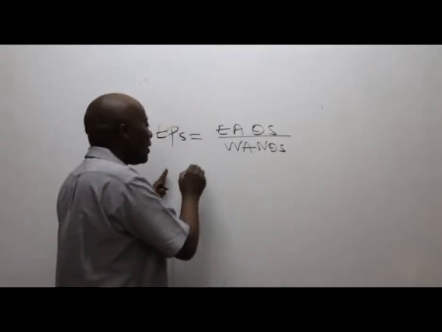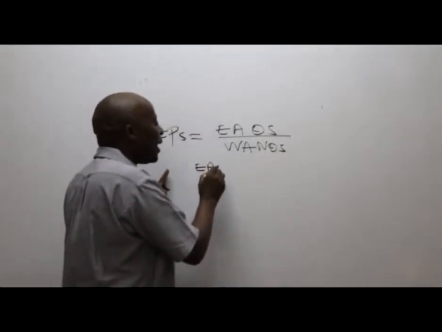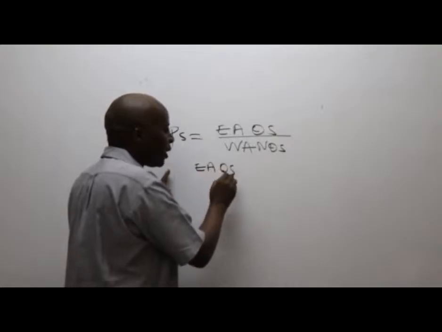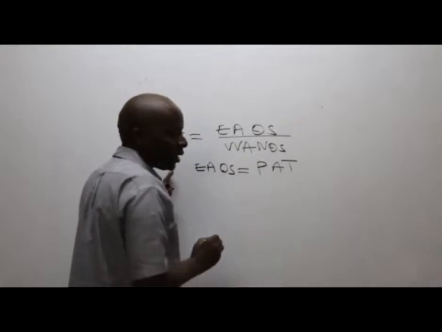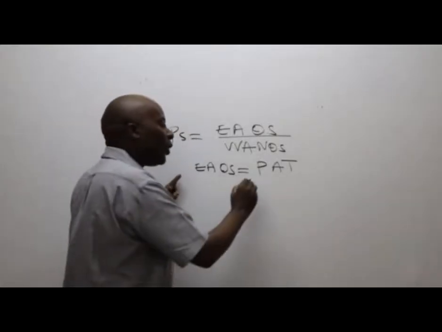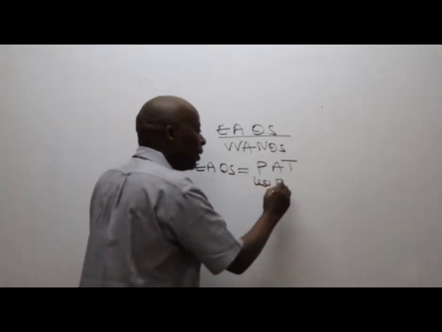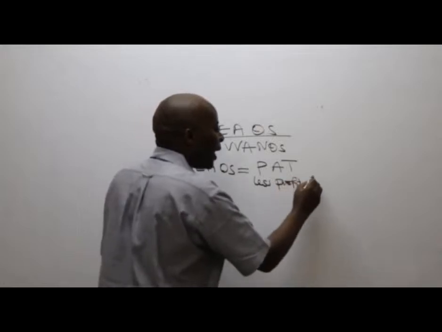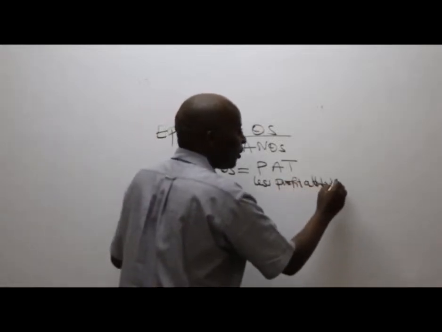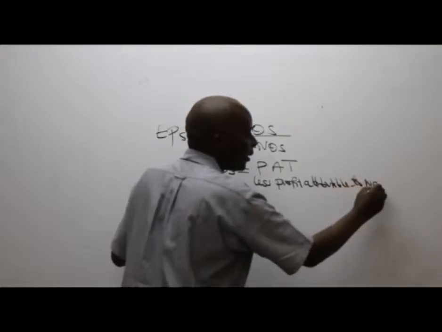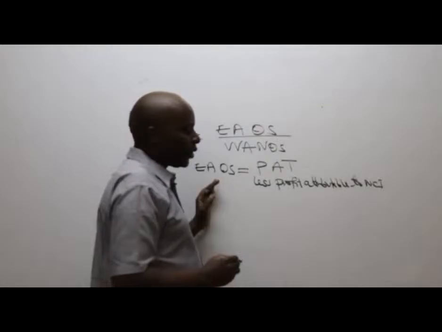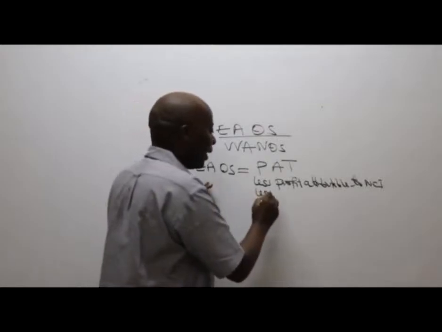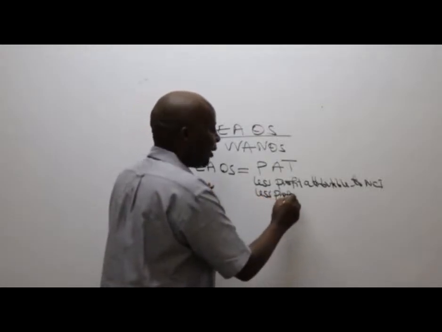So how do we get our earnings attributable to ordinary shareholders? This is very easy. We normally take profit after tax, and then we less profit attributable to NCI, and then of course less preference dividends.